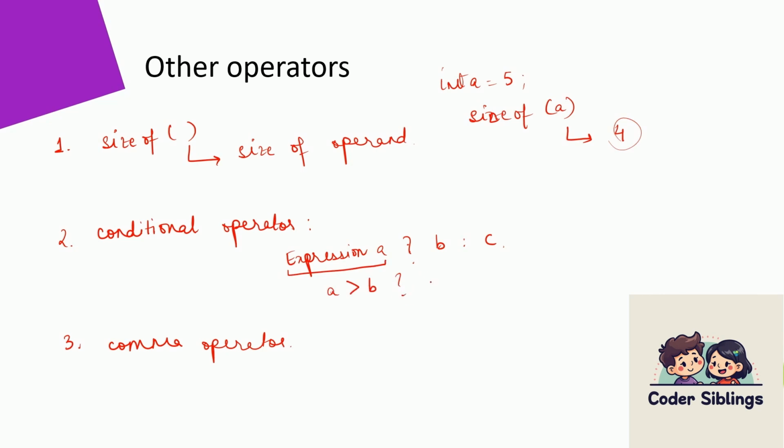If it is true, then c will be executed, or else d will be executed. Here I'm just taking mere alphabets to make you understand. So any expression given here followed by a question mark will be the expression that we need to check. If as per our program this expression is true, then C will be executed, else D will be executed, right?